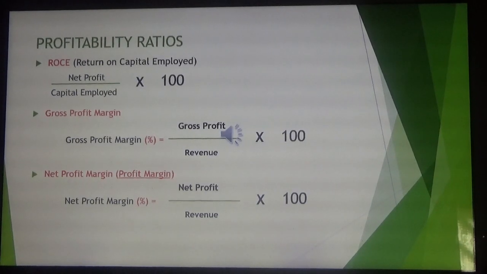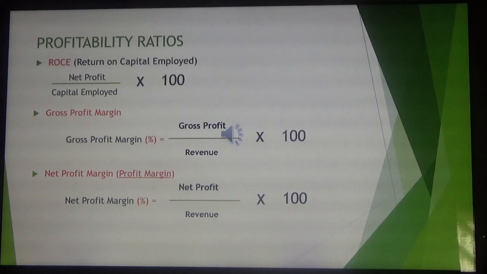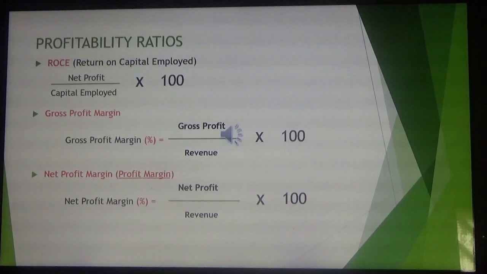Now let's go to these different profitability ratios. As you can see, we have 3 formulas here. ROCE to find the return on capital employed, gross profit margin formula, and the net profit margin or profit margin formula. As I mentioned earlier, profit margin or the net profit margin is considered the final profit figure in any financial statement.